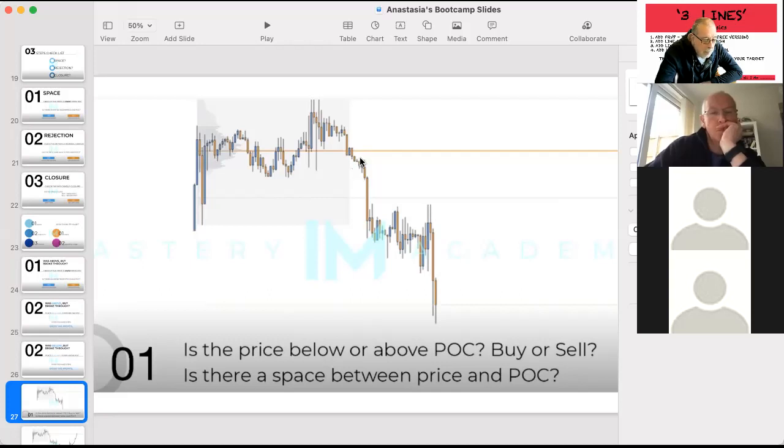I would say that in this scenario here, price has come through, it's rejected, and then it's had a second attempt coming through, and then that third candle there has got a fair gap between price and the POC.